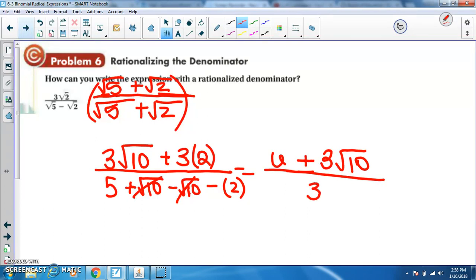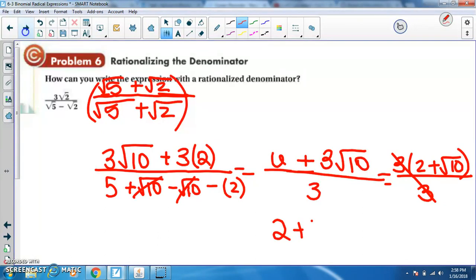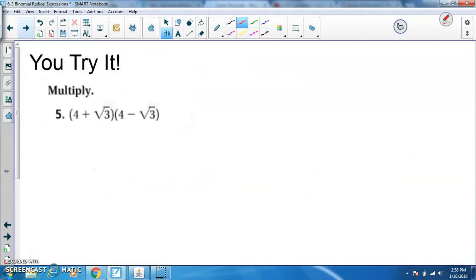Since we have a common factor of 3 in our numerator, we have to factor that out. And I can now cancel my denominator completely, so my final simplified answer would be 2 plus square root of 10. You guys try this problem.